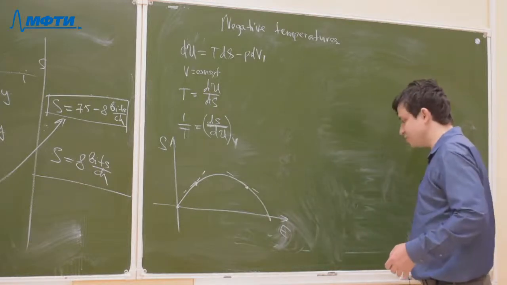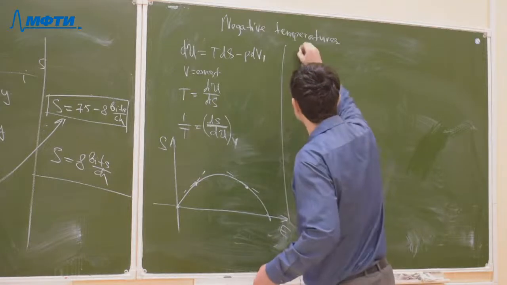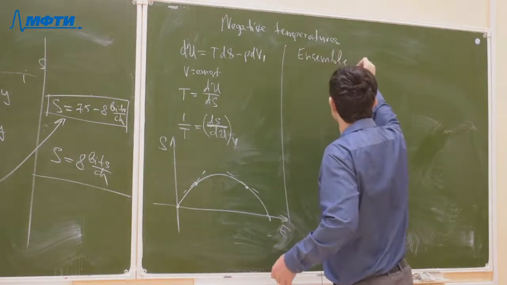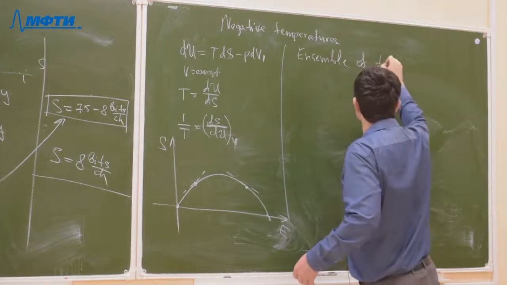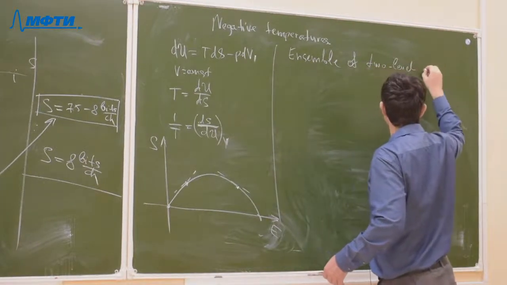One of these systems is an ensemble of two-level atoms.